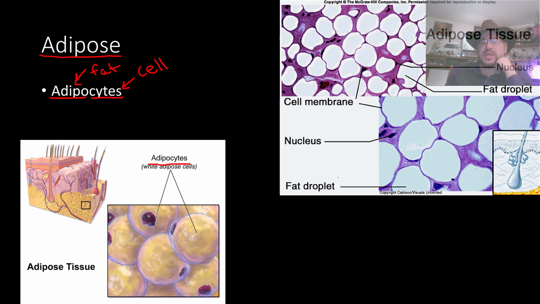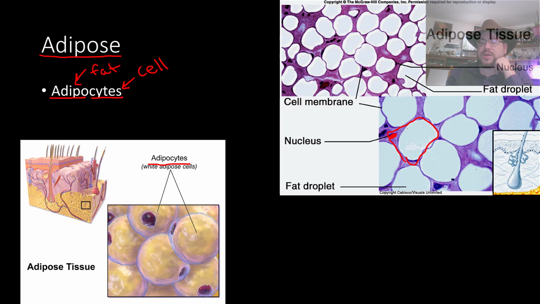An adipocyte is a very small cell. As we see in this picture, if I wanted to outline it here, you have a nucleus, right? So this is the nucleus.